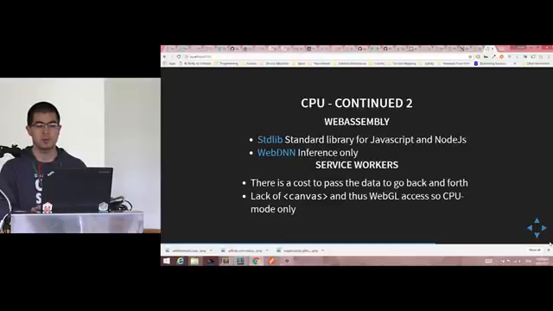There are fewer examples of that, and they are less mature, but it's certainly avenues to explore to improve the speed of calculations on the CPU, and also to increase the parallelism of calculations in browsers. You can use service workers. That being said, there is a cost of transferring your data from your browser thread to the service workers and back. So there will be a slight delay compared to pure CPU.